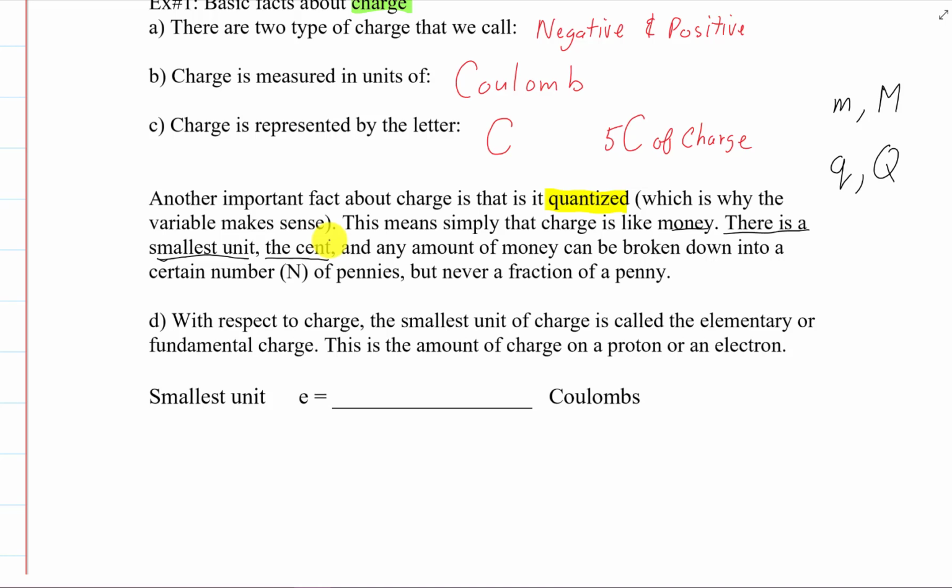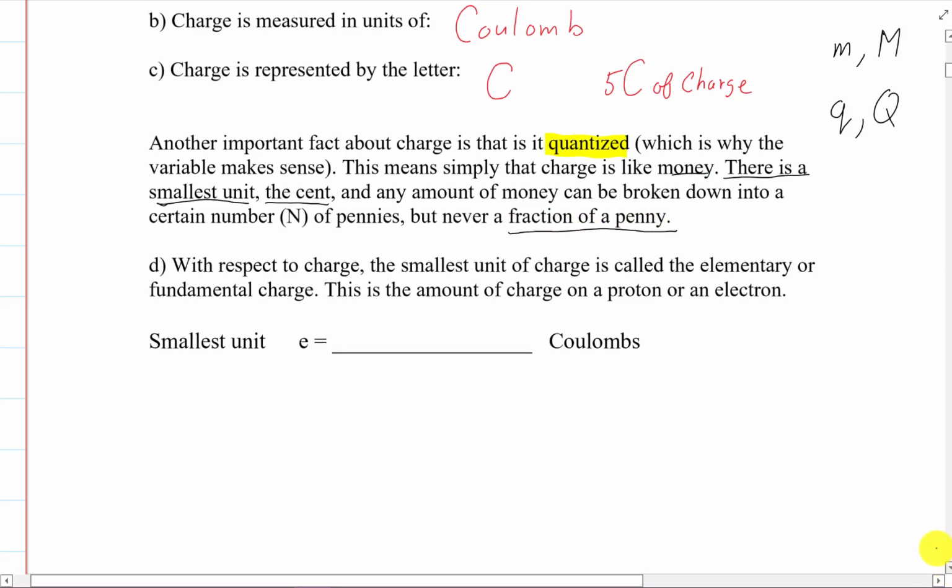You can't say 32.2 cents. Why? Because it comes in a smallest value, a penny. Now, it's really hard to get pennies nowadays, practically impossible, so you might have to go in nickels. But you can understand that it's quantized. We can't break it down, and we never can have a fraction of a penny in our pocket.